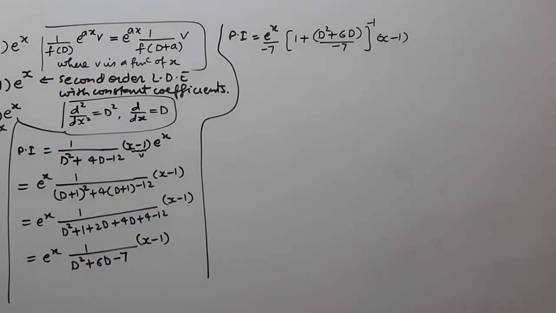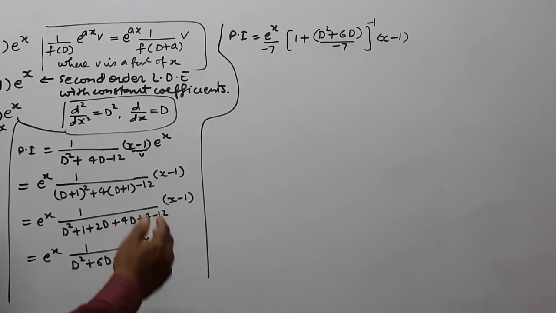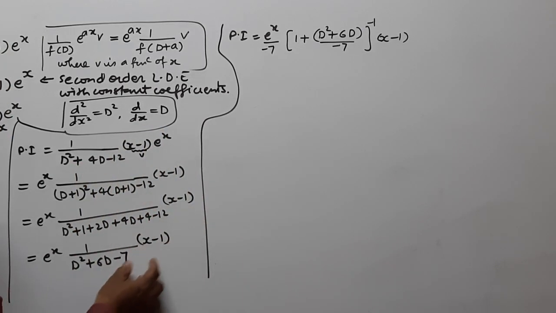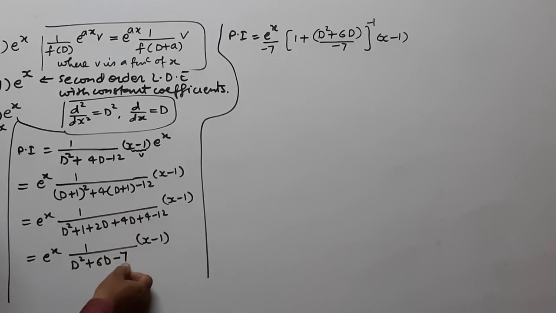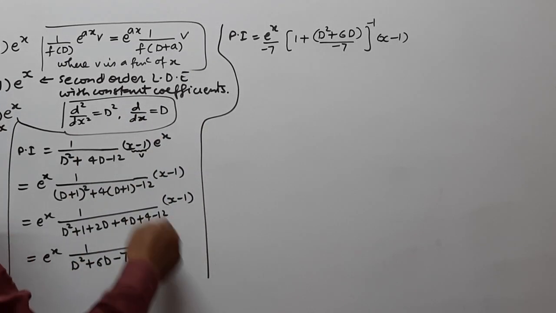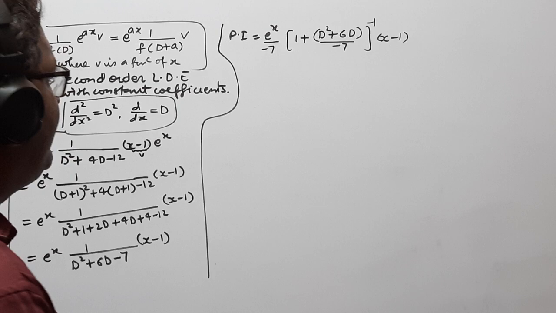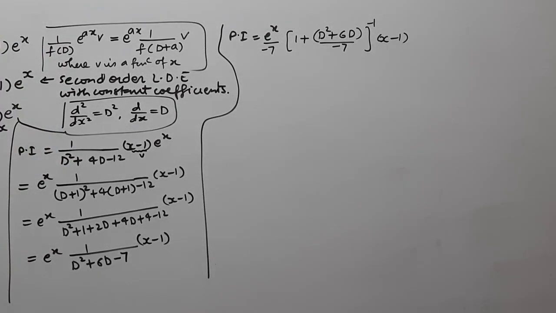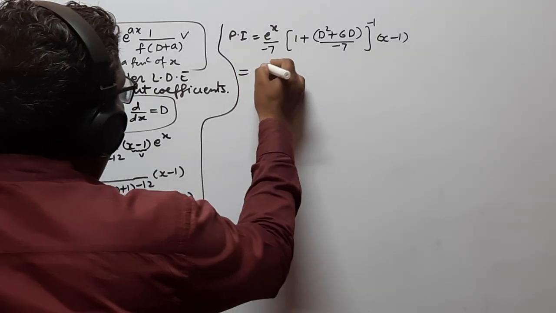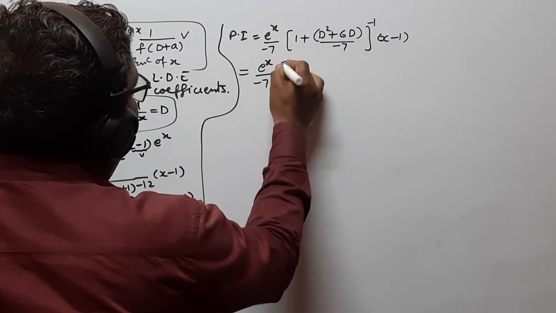You can see here when we find the particular integral of some power of x, first we divide, taking common here minus 7. So minus 7 will divide D square plus 6D, and we take it in the numerator, this will be written as 1 plus (D square plus 6D) divided by minus 7 whole power minus 1. So e to the power x upon minus 7.